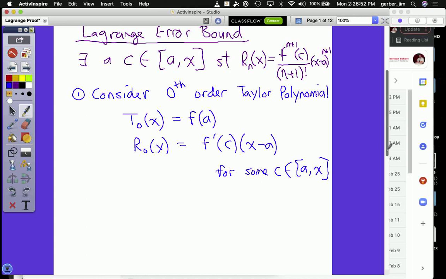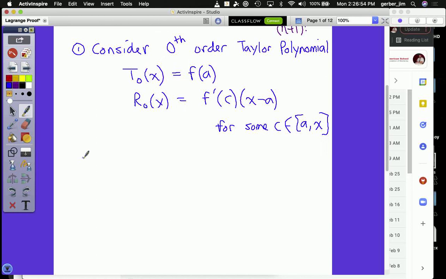Okay? And so now what I know is that my actual function, f at x, minus my 0th order polynomial, that's going to be my error. And that's going to be, in this case, f at x minus f at a, because the 0th order polynomial is f at a in this case, because it's just one term.